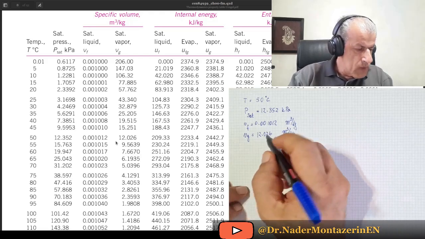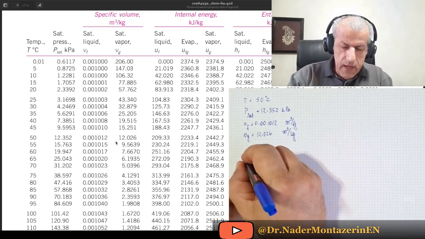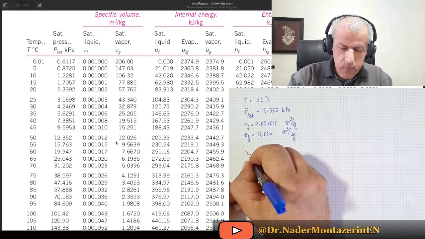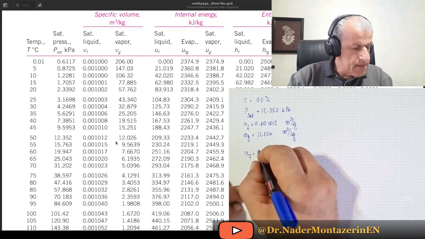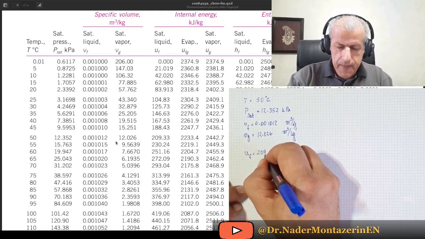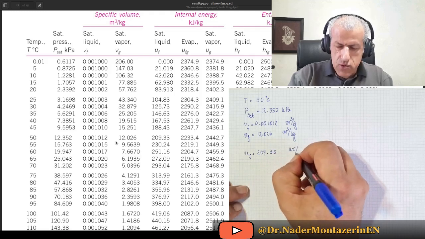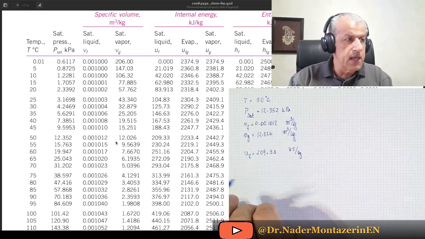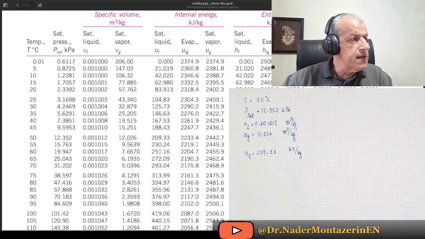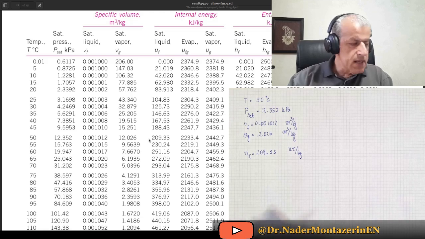So I would read Uf equals 209.33 kilojoules per kilogram. This is the internal energy, and I will read it from this column.